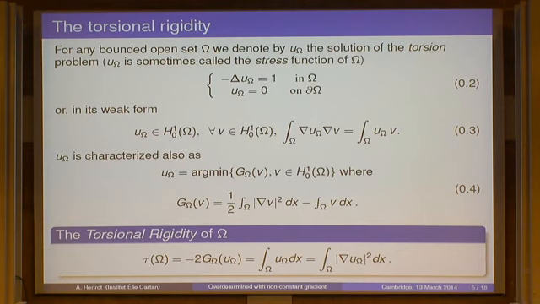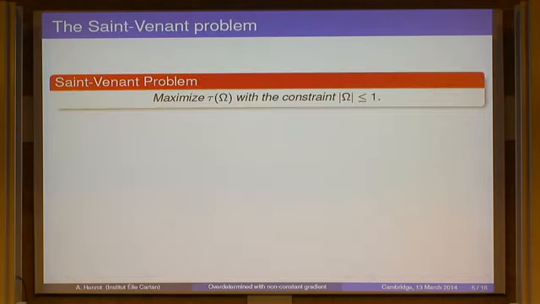Okay, so this torsional rigidity is a well-known quantity for which many studies have been done. In particular, one of the first shape optimization problems is the so-called Saint-Venant problem. The Saint-Venant problem consists in looking for a domain omega of given volume which maximizes this torsion.